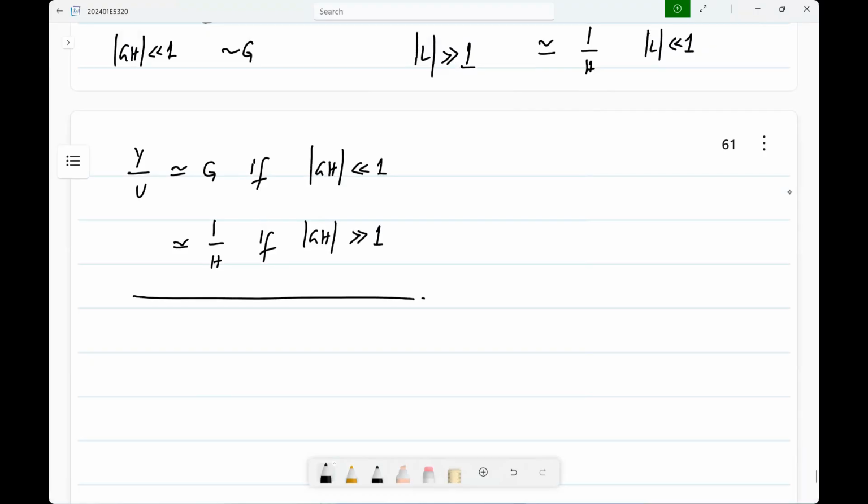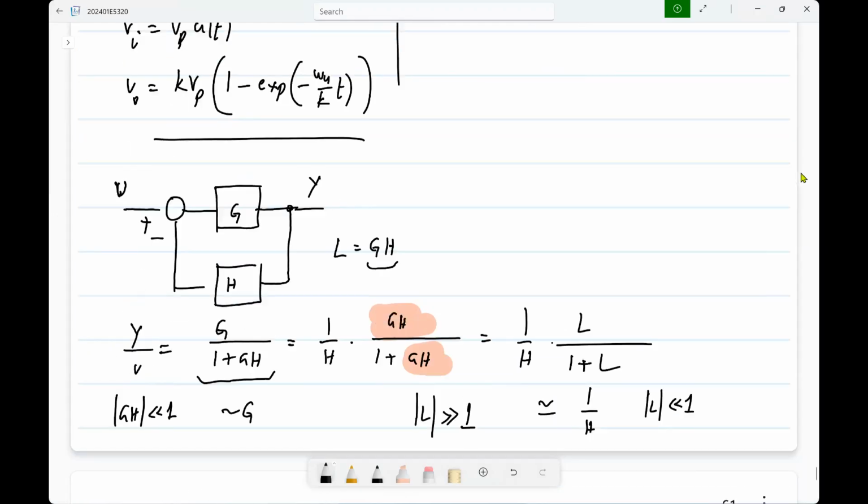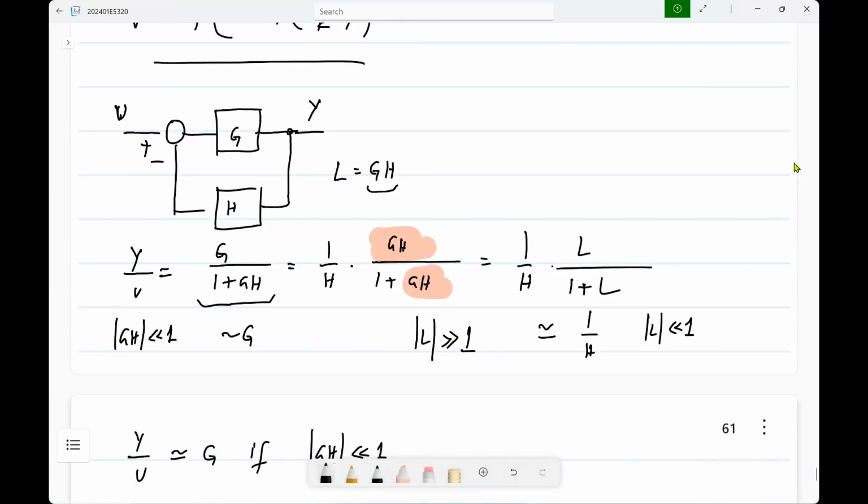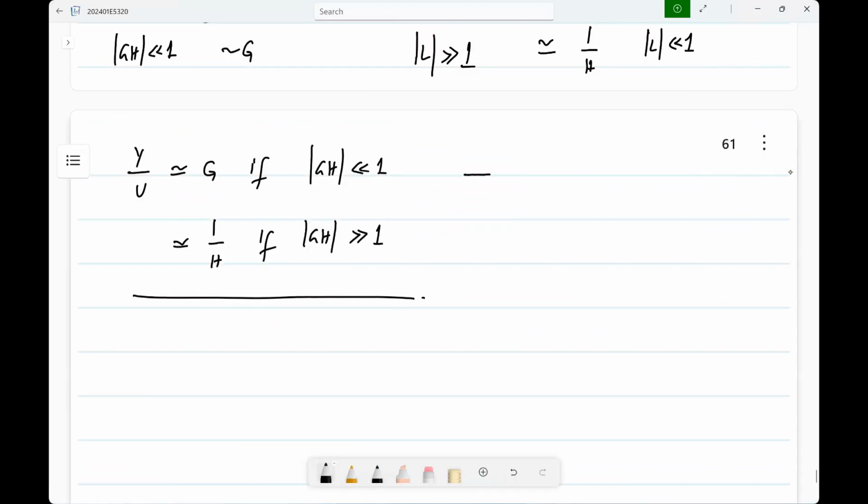So fine, we've got some approximation here. What's the significance of this? What does it really mean? So what is really happening? Let me rewrite this.